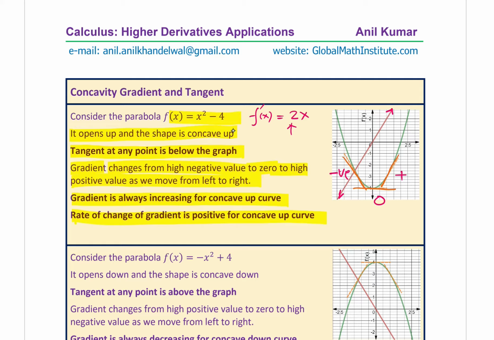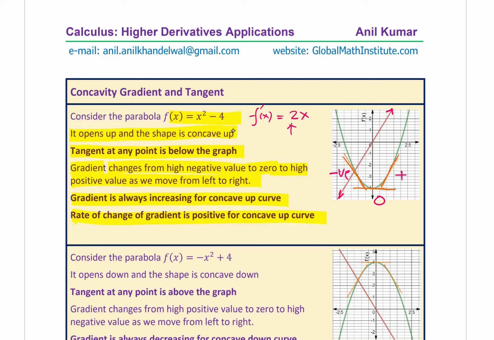You also observe that the tangent crosses the curve, right? So the x-axis crosses the curve. At this point where it is tangent, it actually goes through the curve. So this point, by definition, becomes a point of inflection.